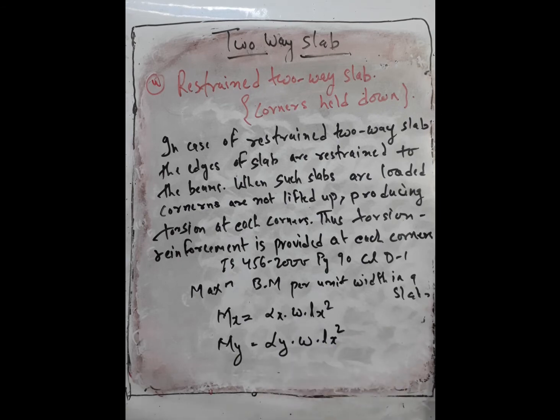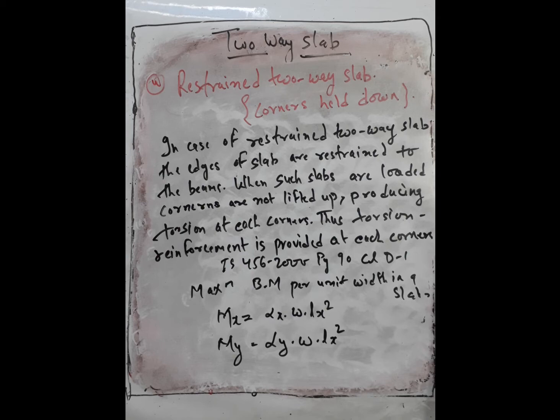The same formula is used, but here the condition is different, because in the simply supported case our corners are lifted up, but in the restrained case the corners are not lifted up, because we restrained our slab between the beams.